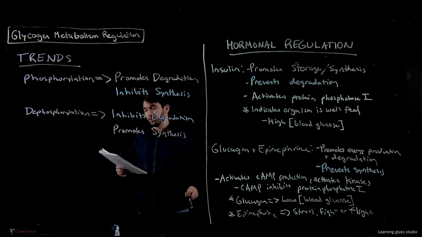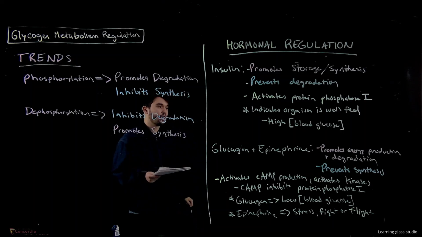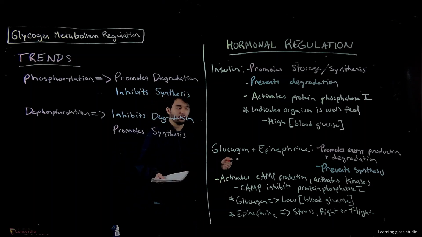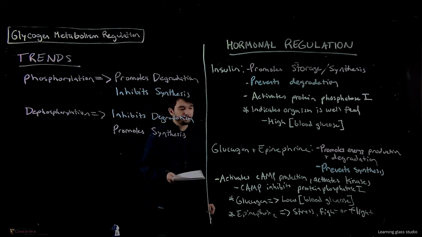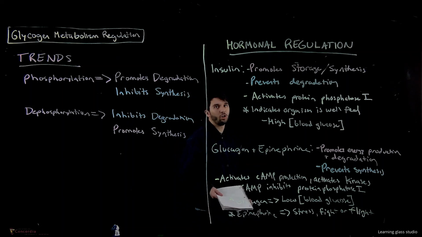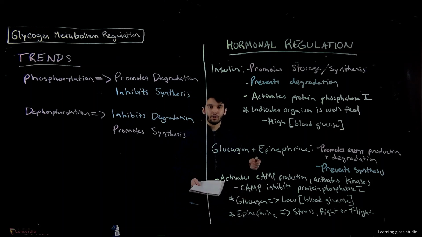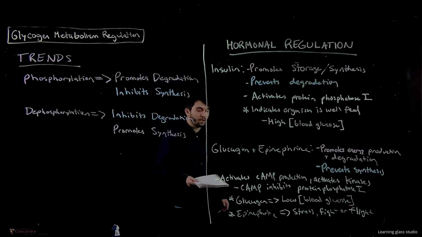So through the phosphorylation of glycogen phosphorylase, we promote degradation, energy production, glucose, and then we inhibit synthesis, okay? cAMP will also inhibit protein phosphatase 1, so that will further lead to this trend of phosphorylation, preventing dephosphorylation, okay?